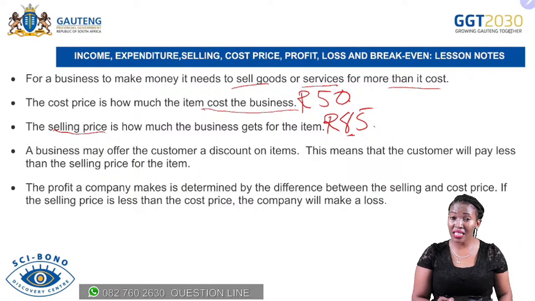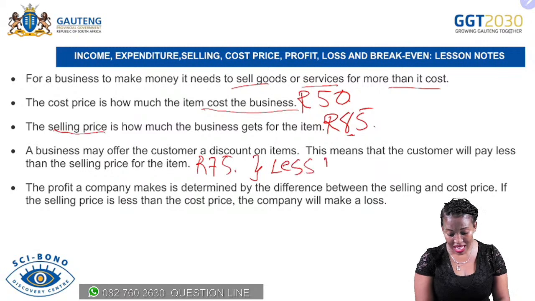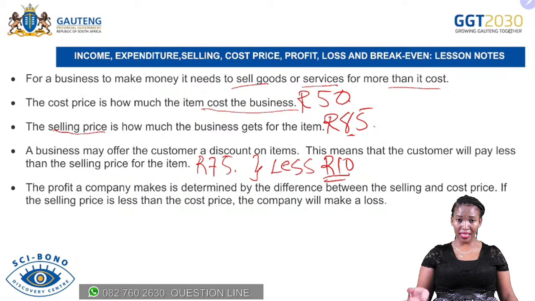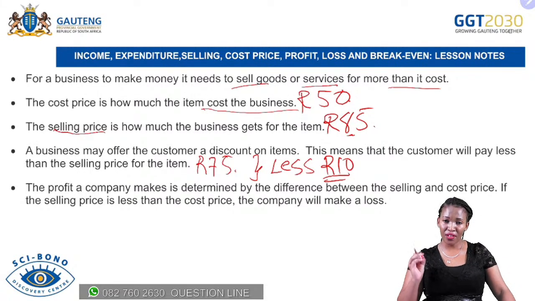I gave them a discount of 10 rands. Therefore, they're going to pay 75 rands, because this is 85 less 10 rands. The new price that they're going to pay would be 75 rands. I hope it makes sense, guys.